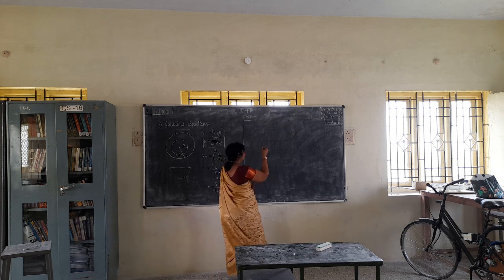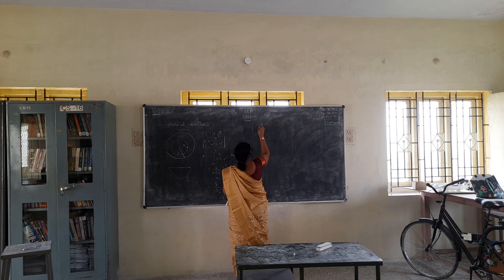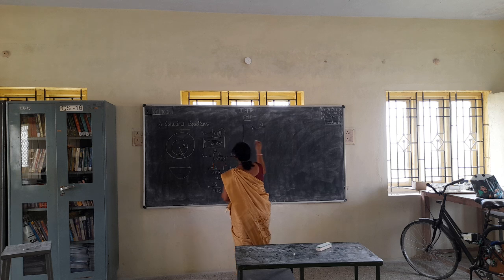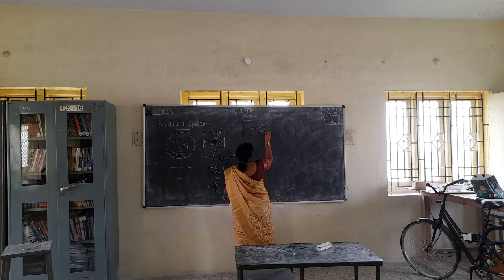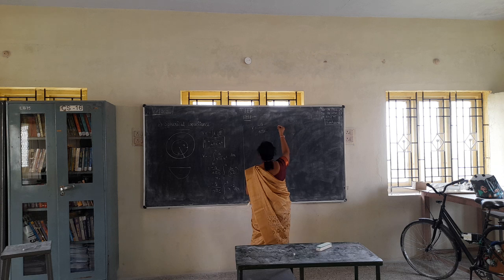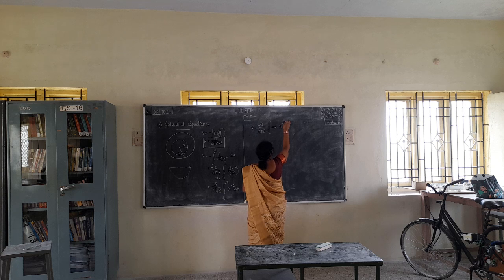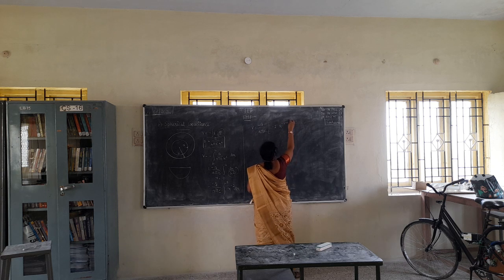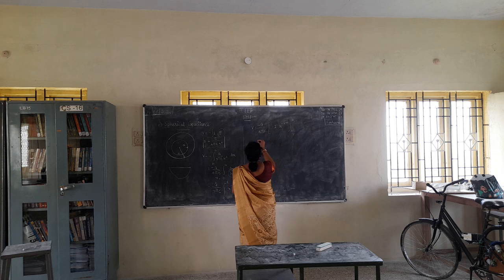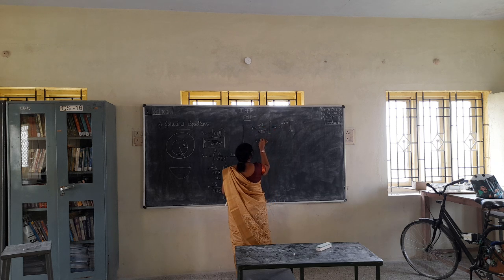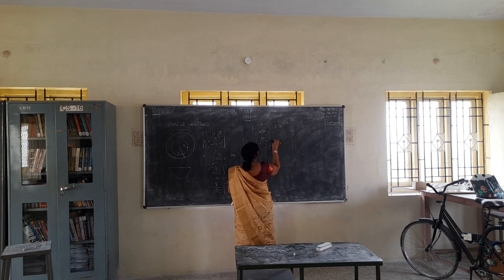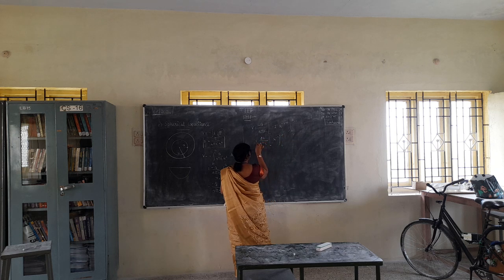So V will be equal to Q divided by 4 pi epsilon into r power minus 1 divided by minus 1.